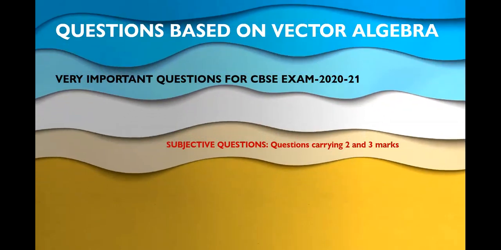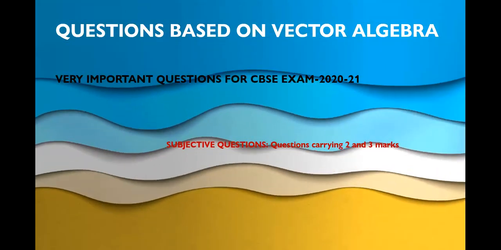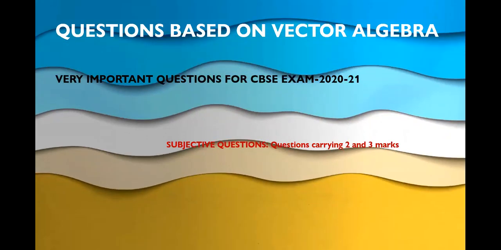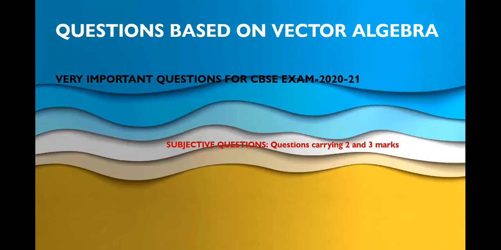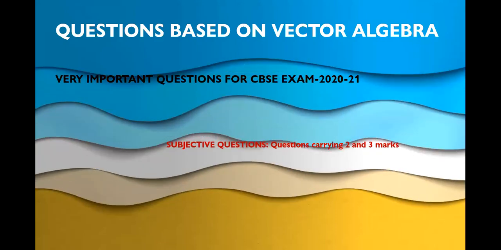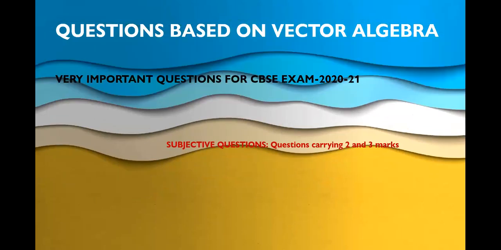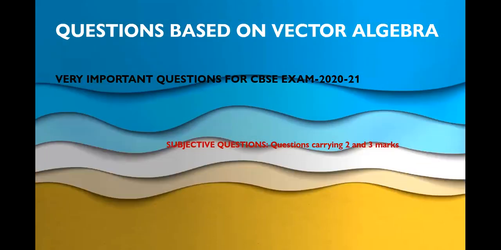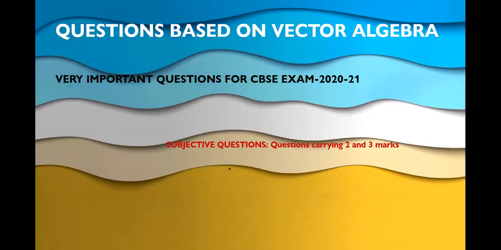This year we have 1 marker, 2, 3 and 5 marker questions, so we do not have 4 and 6 marker questions in the 2021 board exam. So let's focus on some questions which may come in 2 or 3 marks in the board exam.